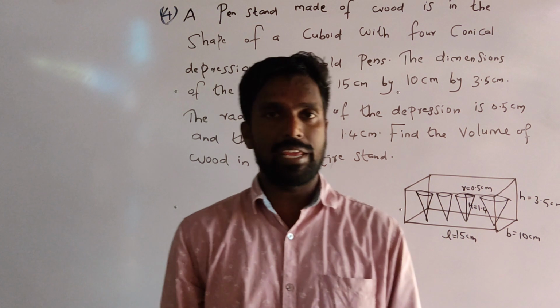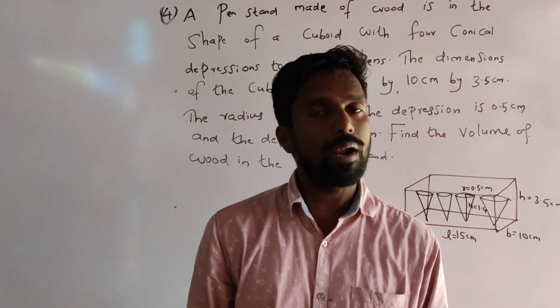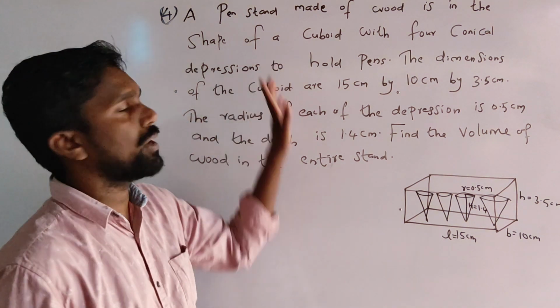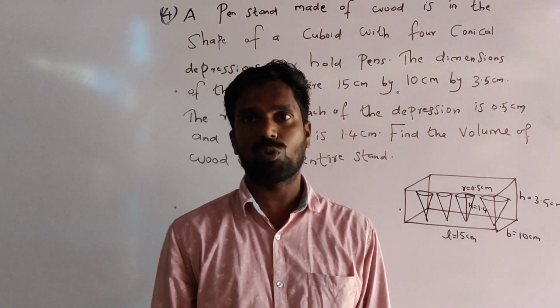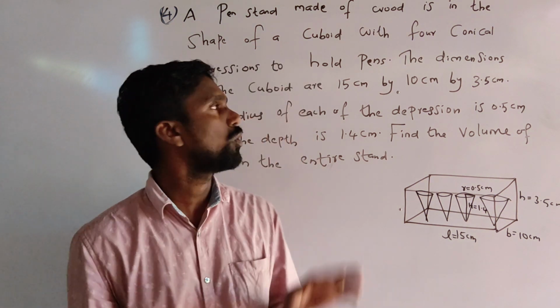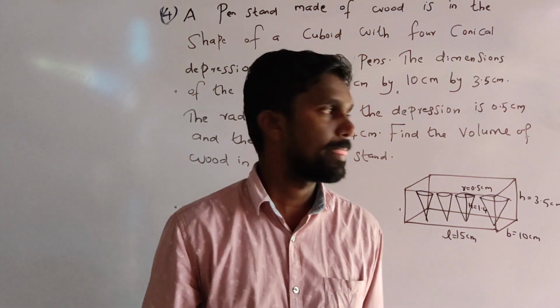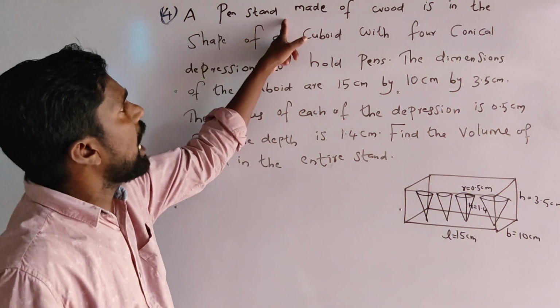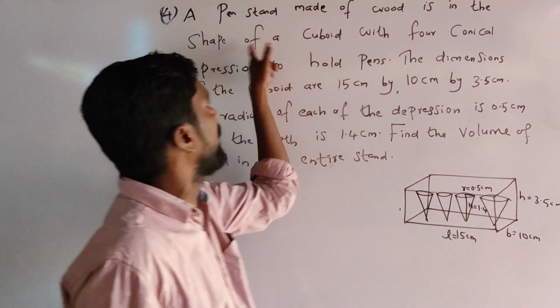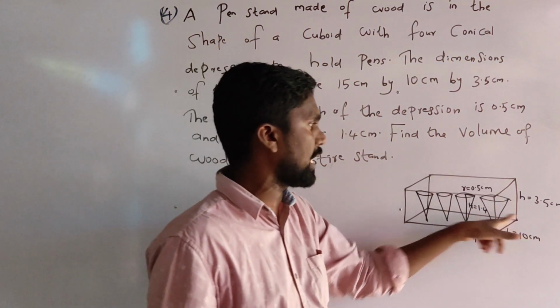Next we are going to take exercise 13.2 question number 4. This is the last question in this part. Exercise 13.2 question number 4. A pen stand made of wood is in the shape of a cuboid. This is the pen stand.